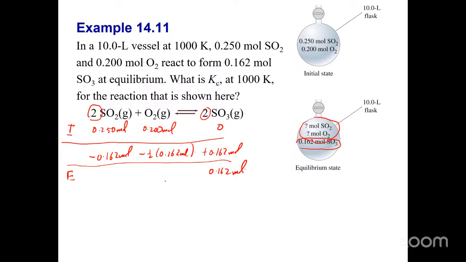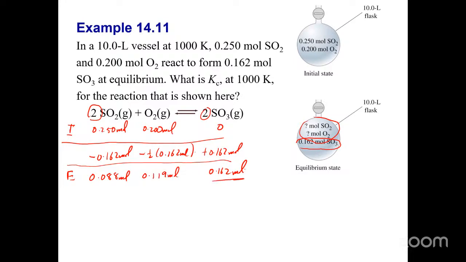And according to my calculations, this works out to be 0.088 moles. And then as far as the O2 is concerned, that would be 0.2 minus half of 0.162. And according to my calculation, this means that the amount of O2 remaining would be 0.119 moles.